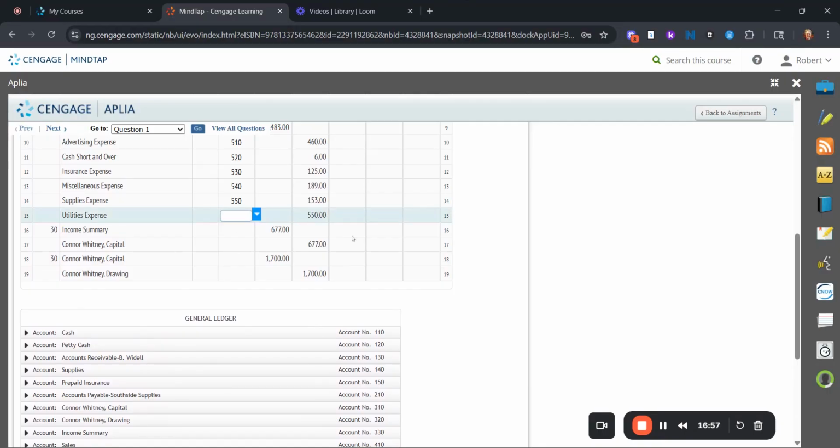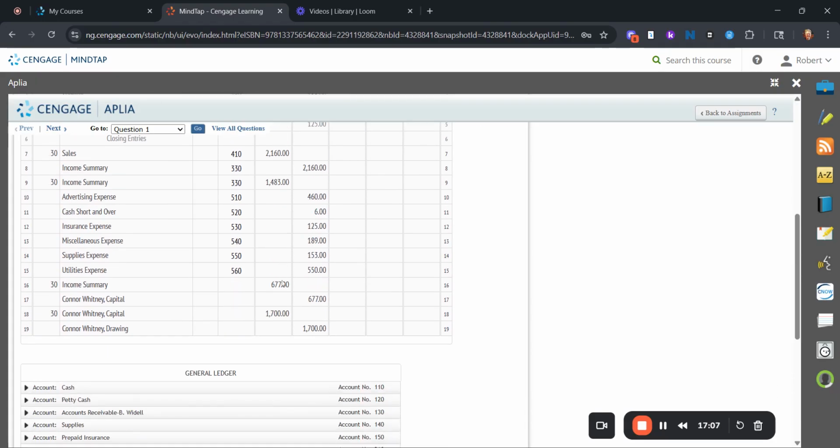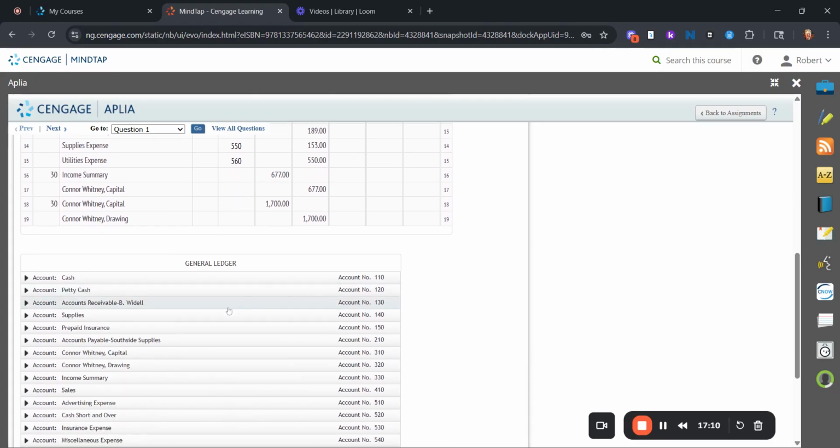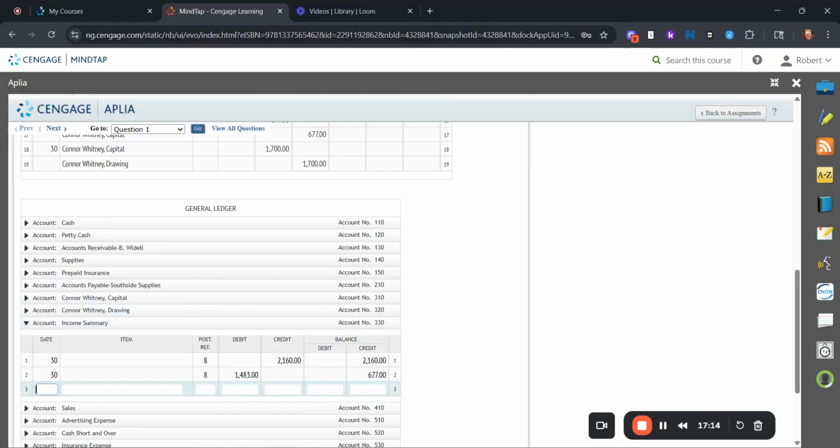Back up here on the journal. Now we have another income summary entry for 677 debit. Specified income summary. There it is. 30th. Page 8.